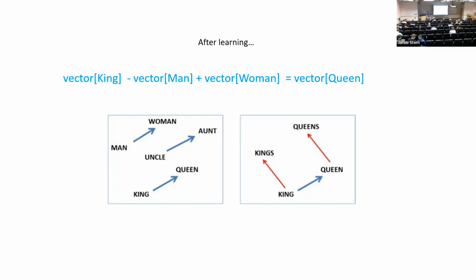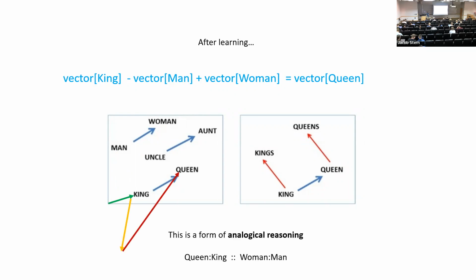And these are properties that arise just from unsupervised training of these word embeddings. And so you can use these word embeddings to do analogical reasoning, which is kind of an amazing idea when you realize that these models that are just trained on raw text manage to learn these real world relationships.